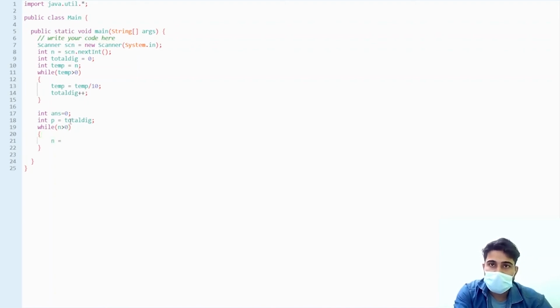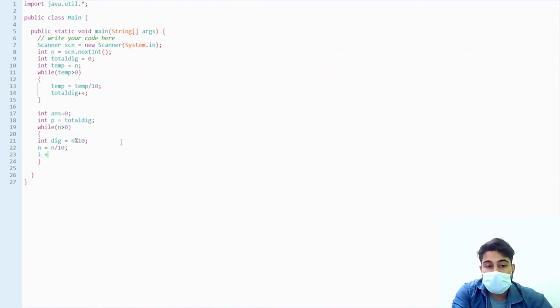Now we first find the digit, and digit will be nothing but n modulus 10. This is the face value for that index. Now we need to shorten that number, we do it by dividing it by 10. Now we need to find the accurate position, whether it is placed at the 100's place, 1's place, or 10's place.